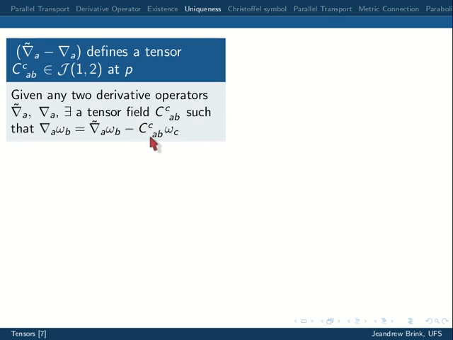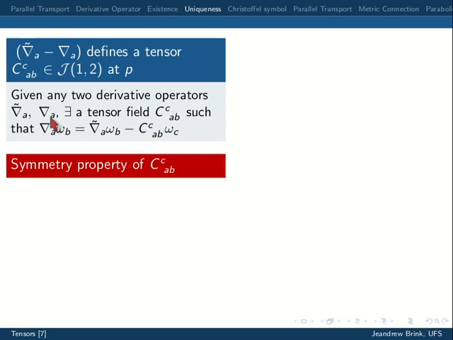We will see later that these are the changes in the actual basis vectors in terms of this tensor C^c_{ab}. We're going to learn a lot more about this tensor field, and this is just the way that guarantees its existence. That's what we've basically proved, as well as helps you characterize the difference between 2 derivative operators.